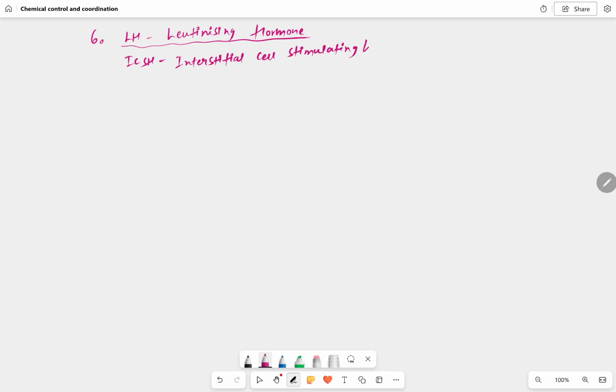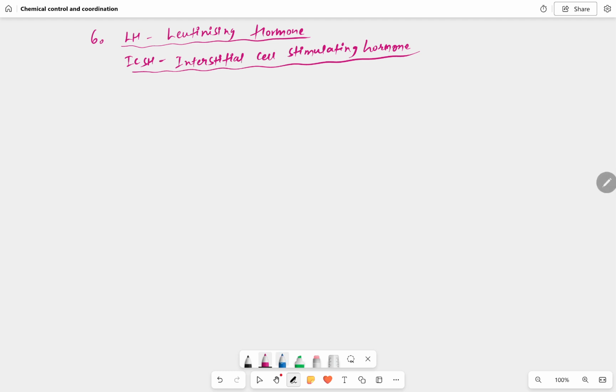The next hormone is the LH, the luteinizing hormone, which is also frequently used as ICSH, interstitial cell stimulating hormone.